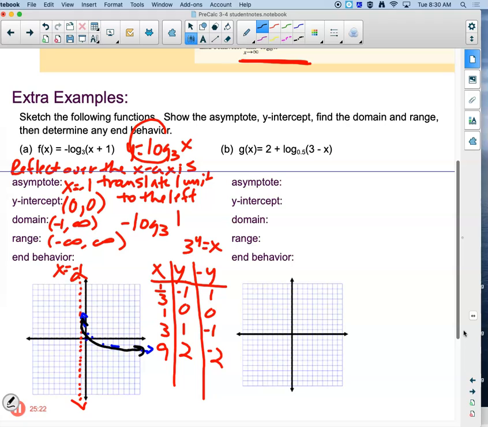Sketch, well, we actually did graph. We didn't sketch. Show the asymptote, got it on there. Y-intercept, yep. Domain, range. Only thing we have left is the end behavior. So this one is not going to the left forever. So we'll do the limit as x approaches positive infinity for f of x equals, and because of that reflection, this one is going down. So negative infinity. And now we have it all done.